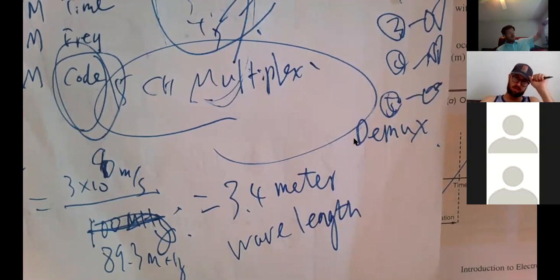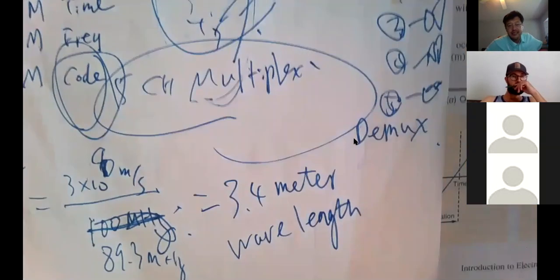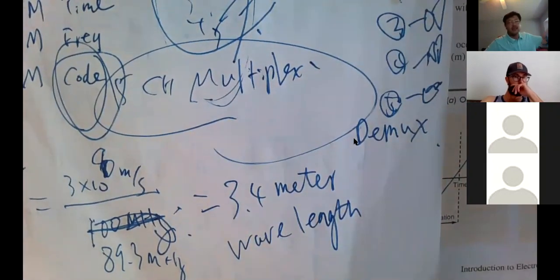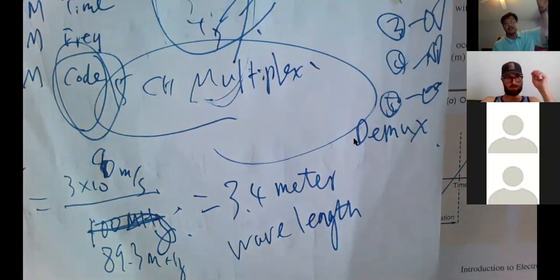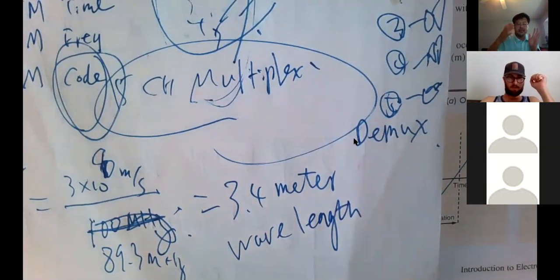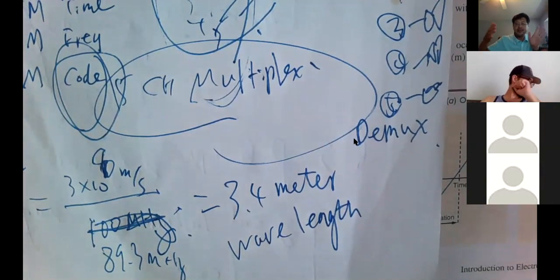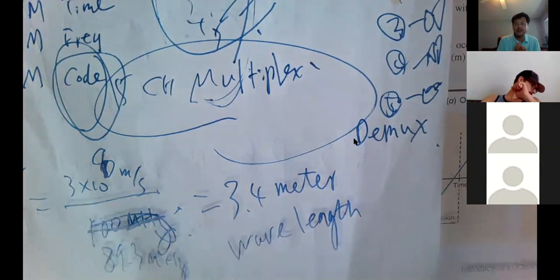If you imagine, you can visualize the radio signal as water. If you go kayaking or boating, when you see water, you have waves, right? What the wavelength means is the distance between two waves.